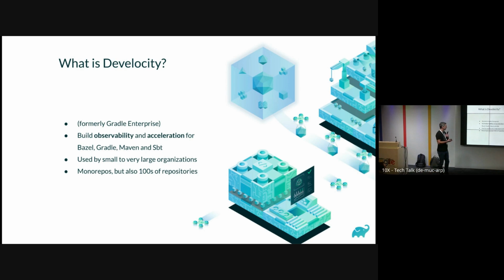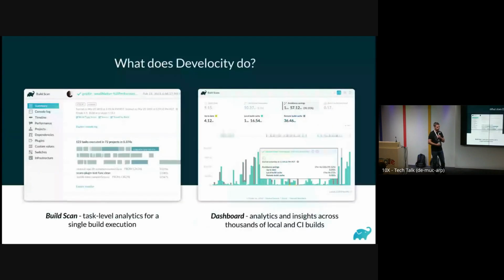It works well with monorepos, which I think are very common in the Bazel world, but also companies that use hundreds of repos, and it pulls all the data from all the repositories and all the build tools into one single central data analytics platform. So you can see your build trends and dashboards across all the build tools, not just one. Of course, you can also filter them if you want.